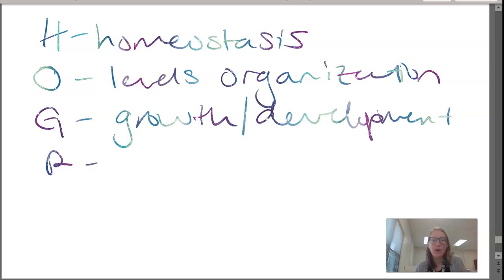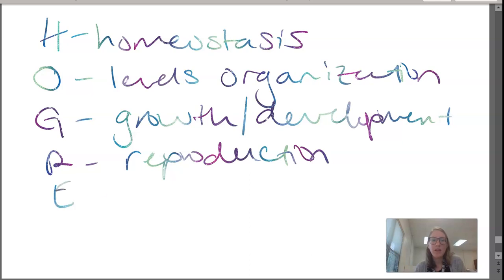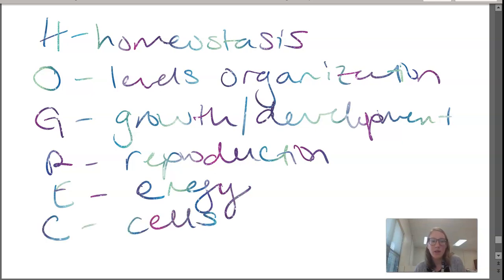They have to have the first R, which was reproduction. They have to have E, energy. They have to be made of cells. And the last one, they have to be able to respond to a stimulus.